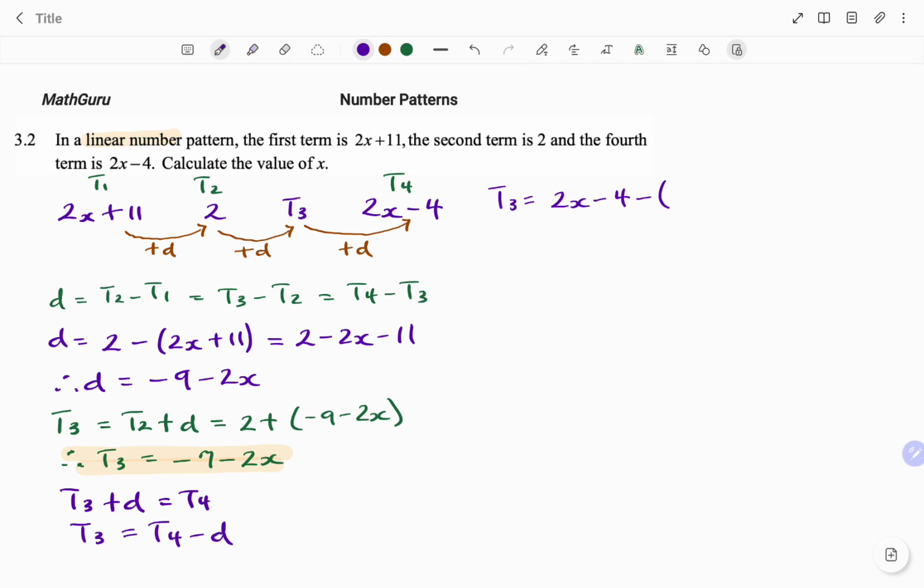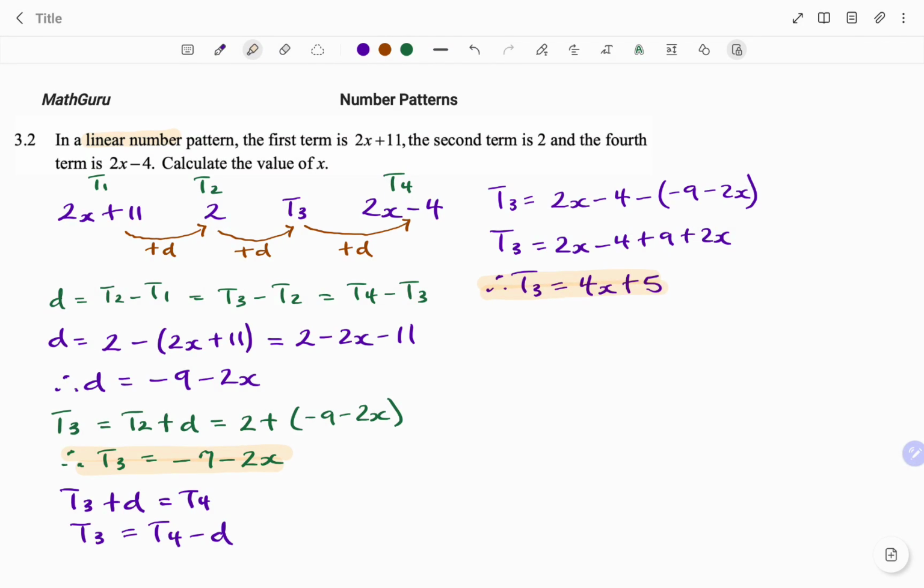My common difference is minus 9 minus 2x. So therefore, t3 equals 2x minus 4 plus 9 plus 2x. Therefore, the second value of t3 in terms of x will be 4x plus 5. I'm going to highlight that.